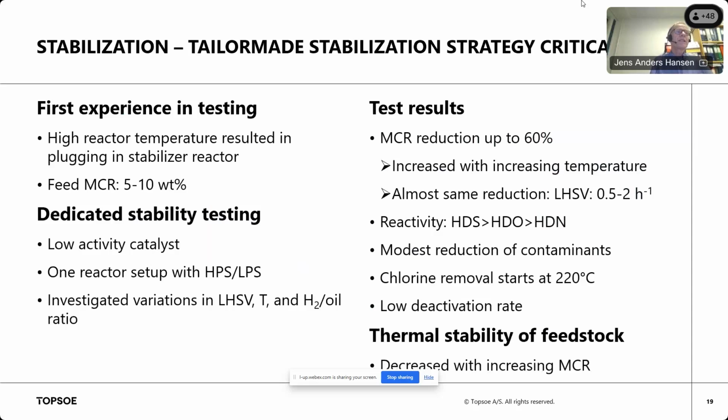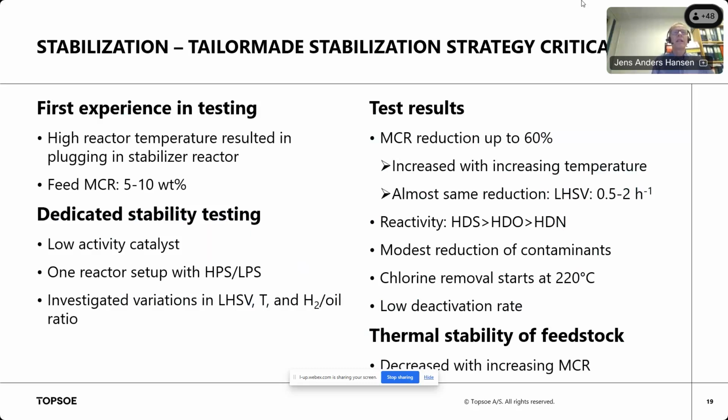So this means that we have to use a low activity catalyst. And in this testing, we looked at a one-reactor setup where we investigated variations in space velocity, temperature, and hydrogen to oil ratio. And in general, if we find the right operating window when it comes to temperature, we were able to reduce the MCR up to 60%.